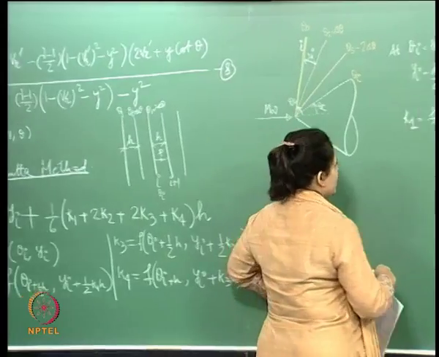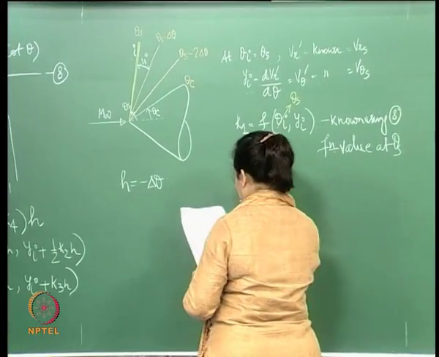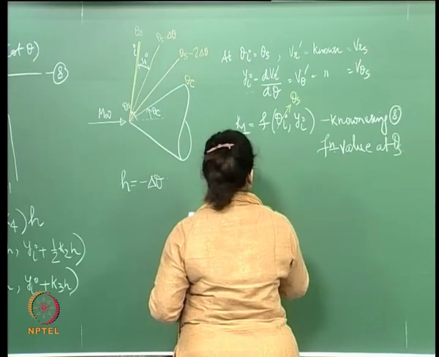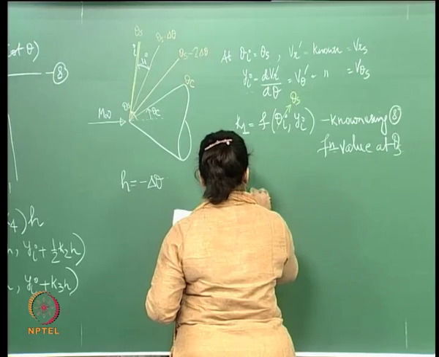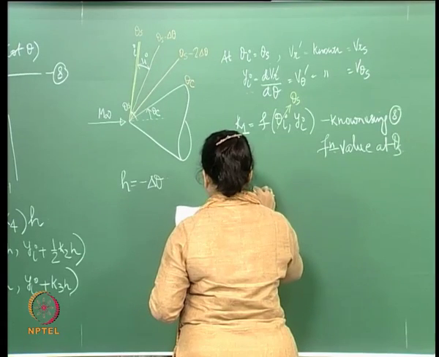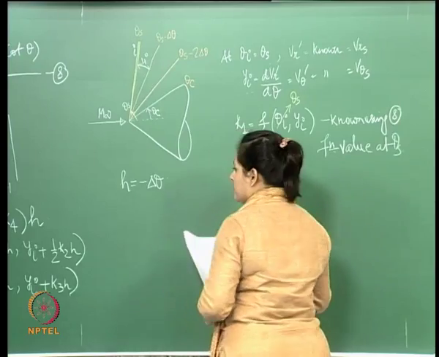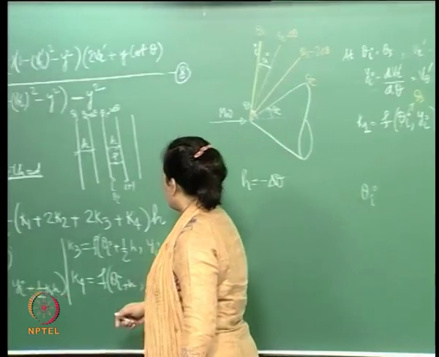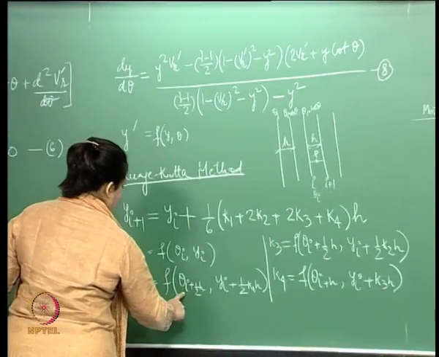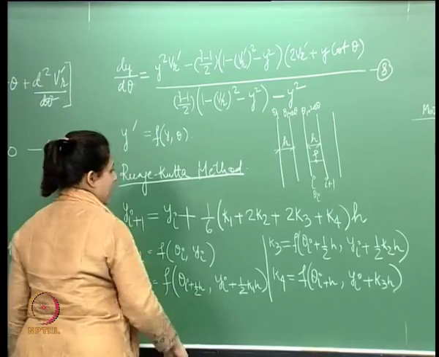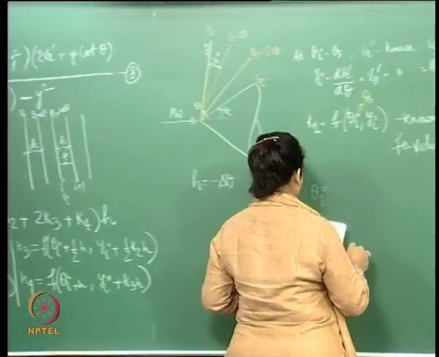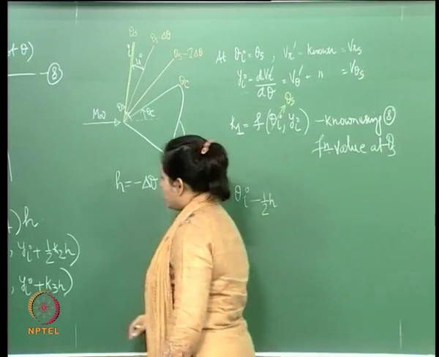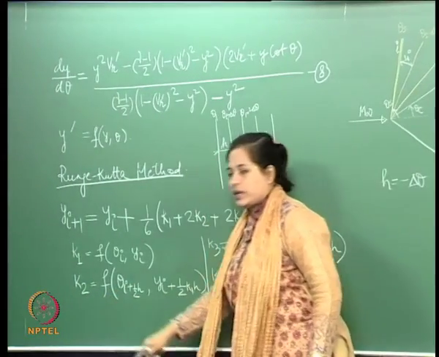Now, when we come here, so theta i plus half of h. Okay, theta i minus half of h. What we are going to do now is try to calculate k2, right.